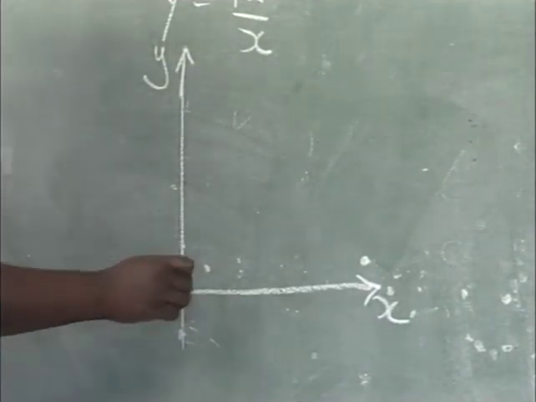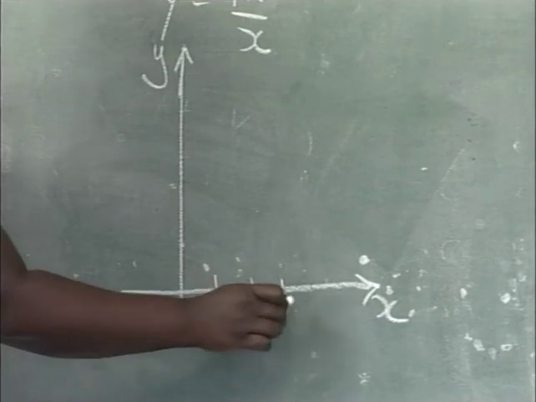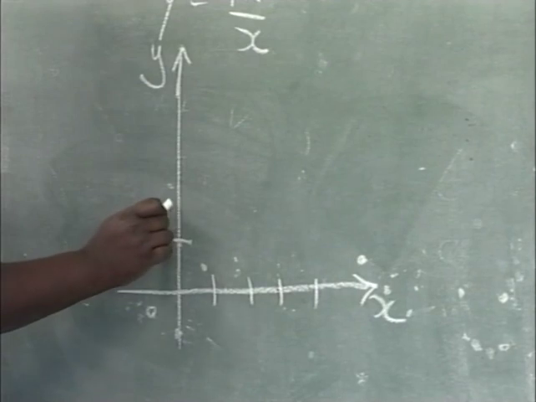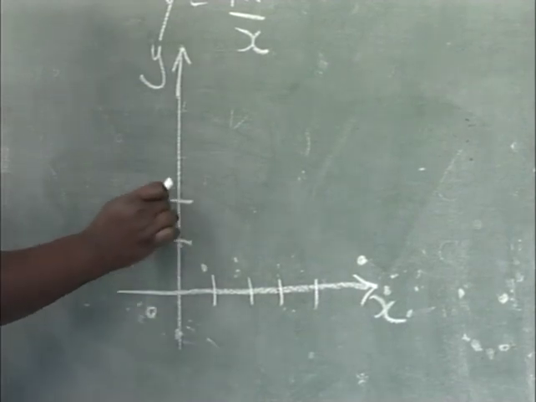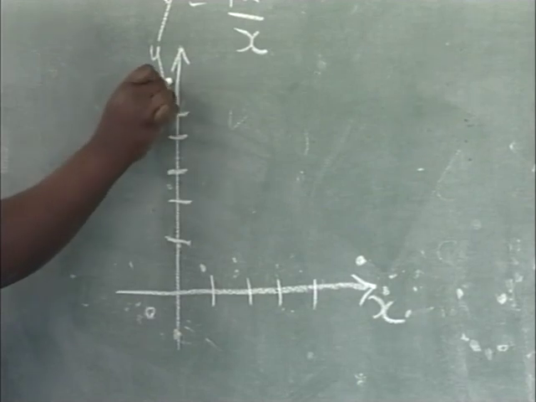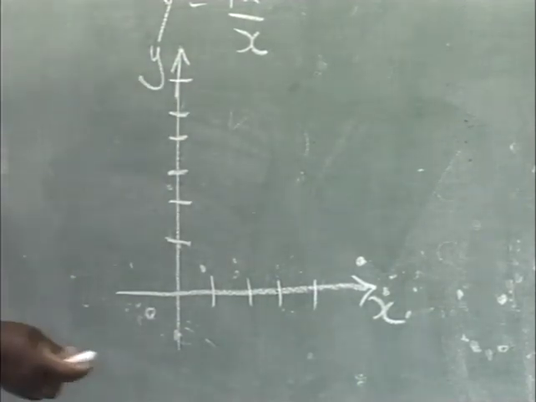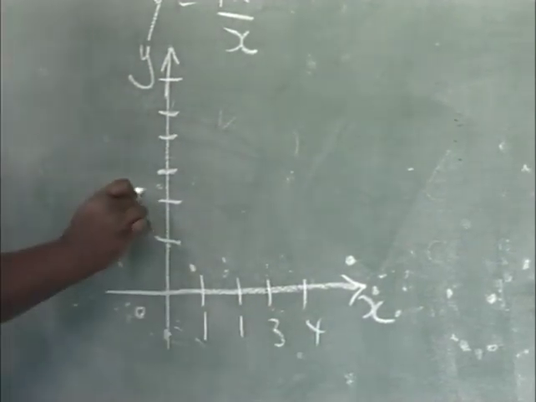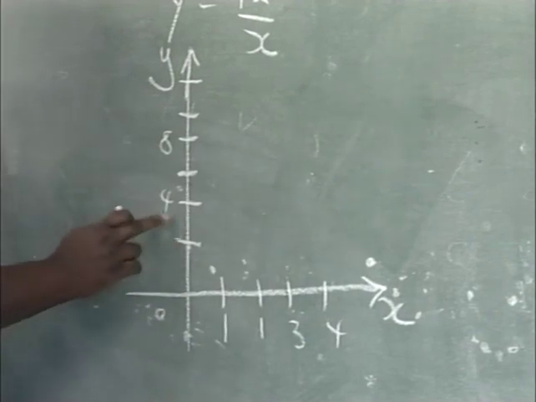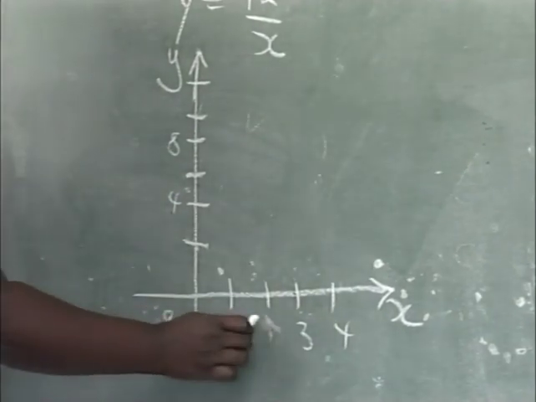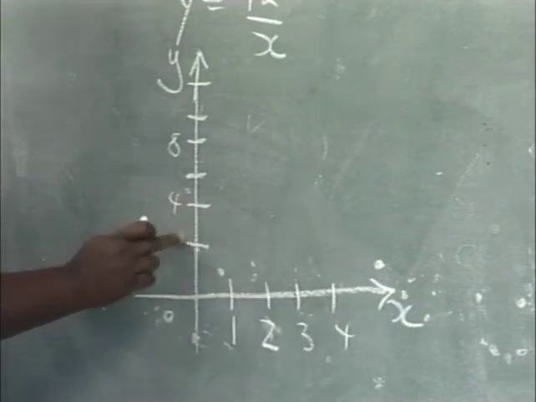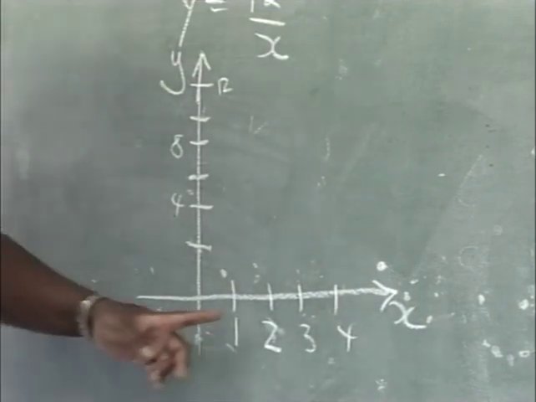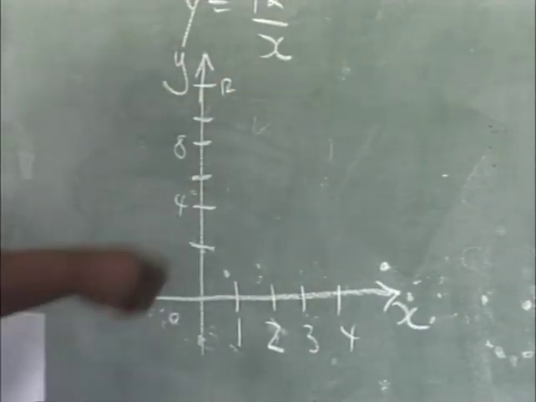If I have some values here, X as 1, 2, 3, and 4, and Y as 2, 4, 6, 8, 10, 12. When X is 1, if I substitute into here, I will get 12.